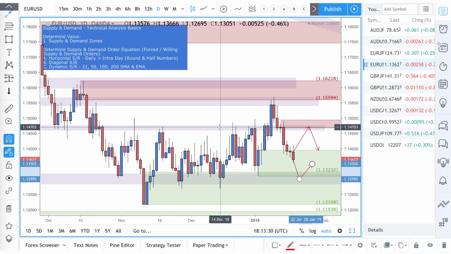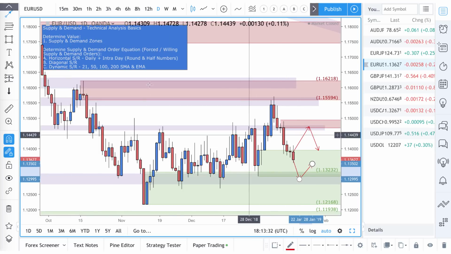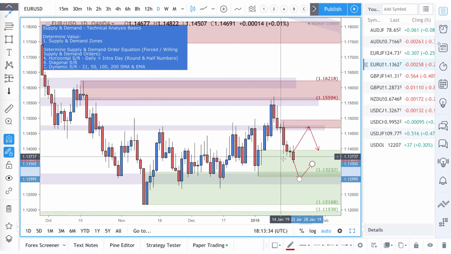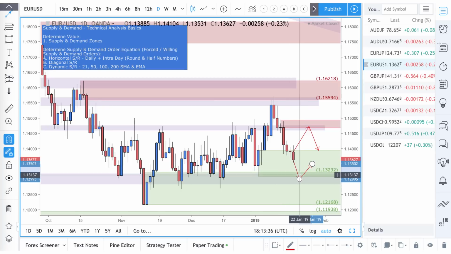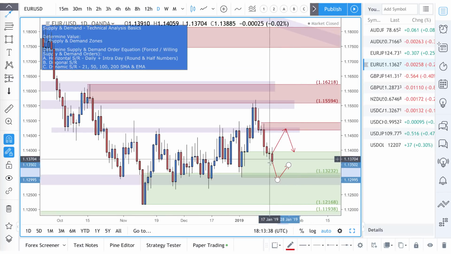fundamentals overall, technicals. I can't see Europe strengthening anytime soon, even though prices can do what they want. But from a fundamental perspective, the dollar is much stronger than Europe, with a lot of uncertainty going on, especially around Brexit. You've got the French yellow jackets, the Italian budget still lingering in the background.